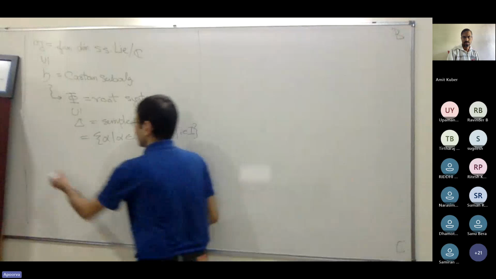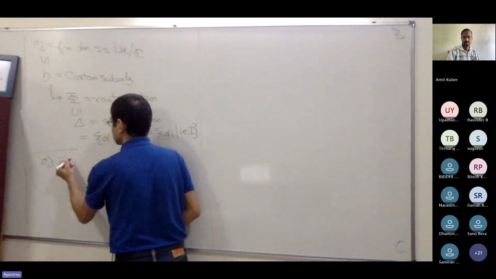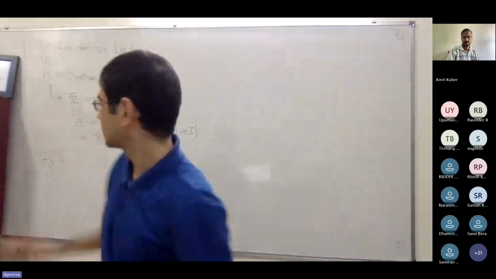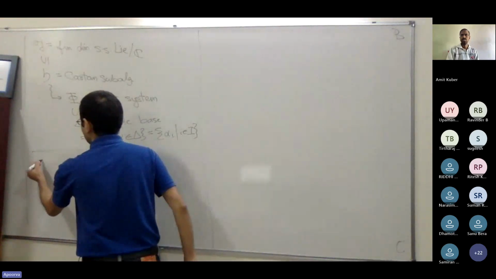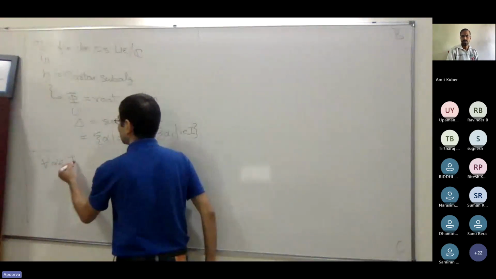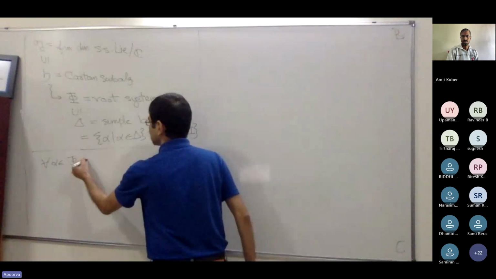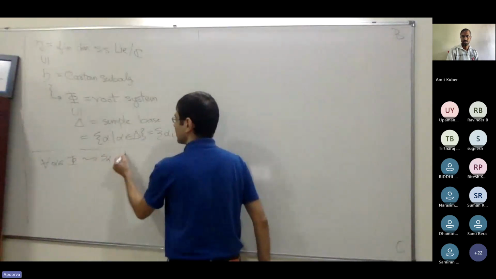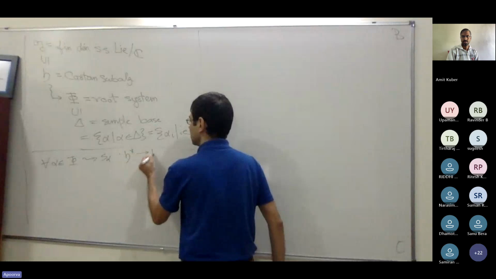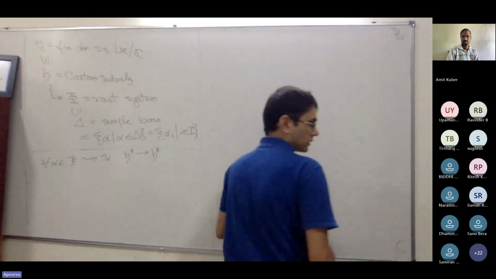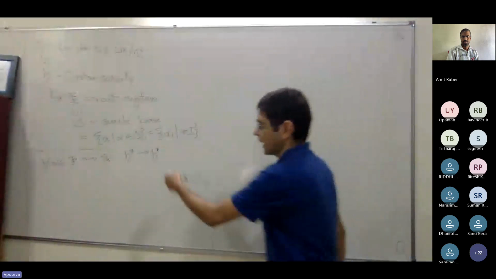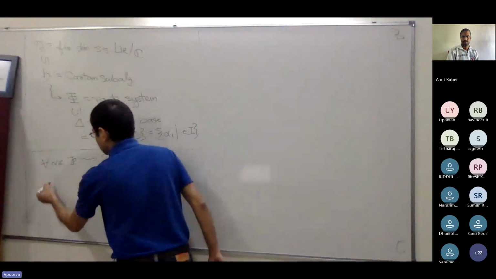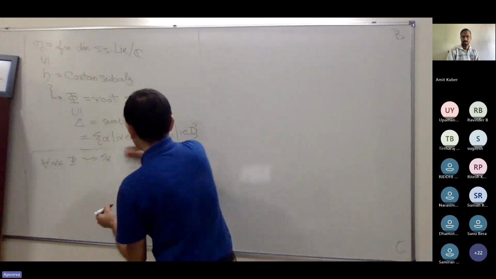Let me first do the roots part and then go back to g. For every root alpha, we have a simple reflection s_alpha from h* to h*.